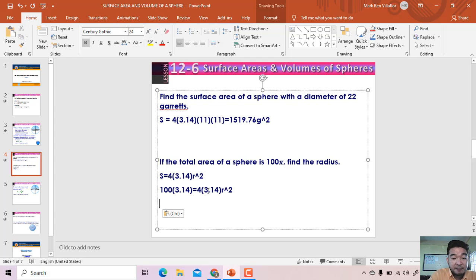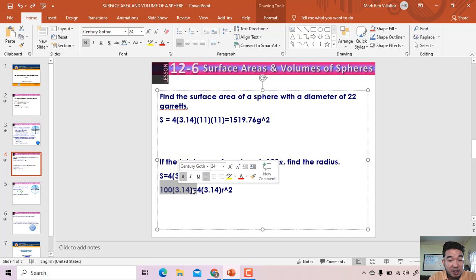So we copy. Then we have to eliminate the numerical coefficients at the right side so that only r remains. So as you can see, we have 3.14 at the right side and at the left side. So we eliminate 3.14 by dividing the whole equation by 3.14.